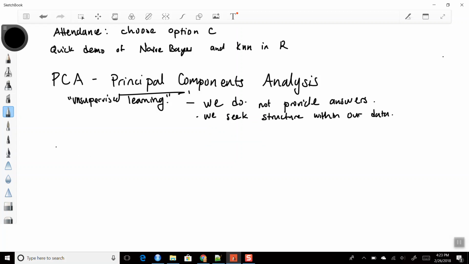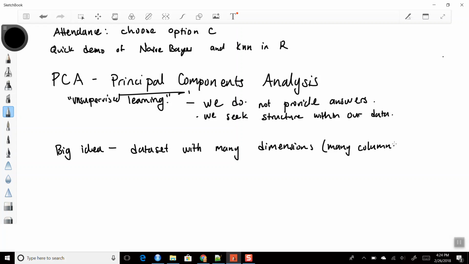So the big idea is we have a data set with many dimensions, or in this case, many columns. But many of these columns might have a lot of collinearity.